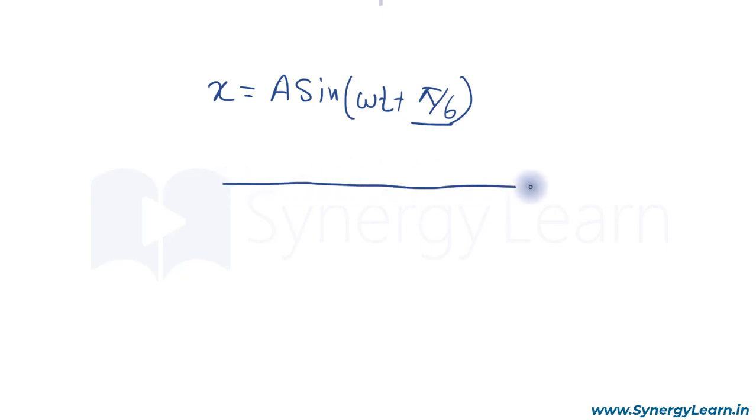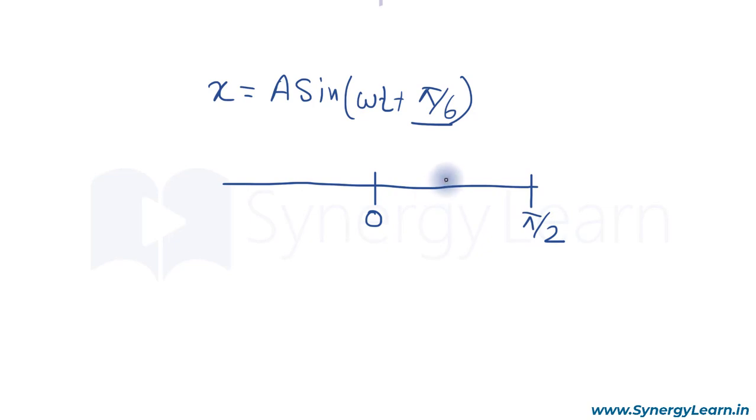Say x is equal to a sine omega t plus pi by 6. So the initial phase here is pi by 6. That means that the particle is between 0 and pi by 2 phase.